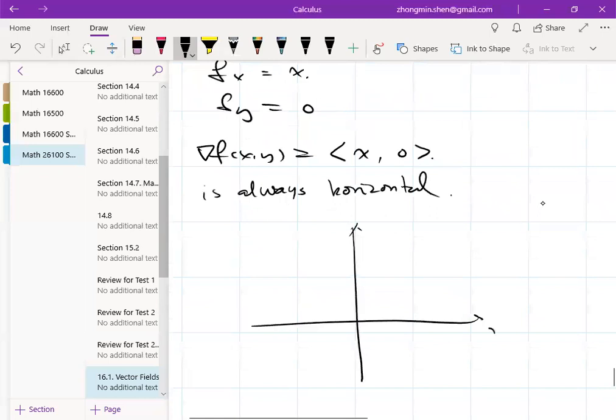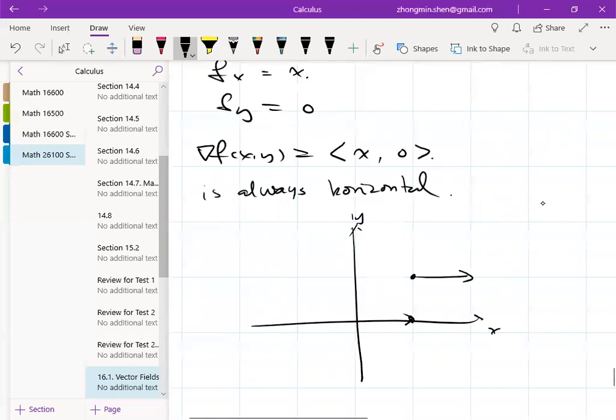Okay? So this is the x axis, this is the y axis. So at every point here, it's horizontal, but you draw the graph. The length is going to be the horizontal length. Okay, right?